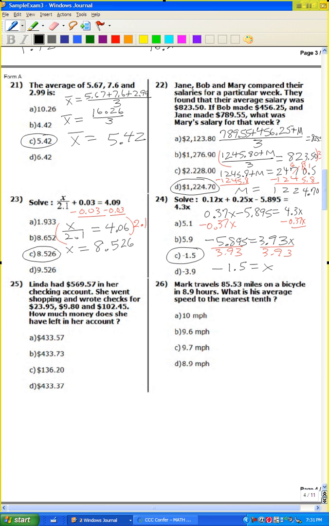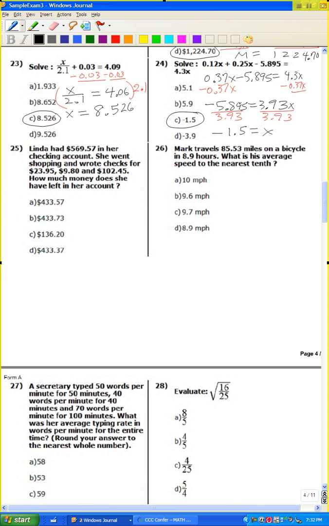Let me do problem number 25. Linda had 569.57 in her checking account. She went shopping, wrote checks for 23.95, 9.80, 102.45. How much does she have left in her account? So let's add up all your checks. 23.95, 9.80, 102.45.